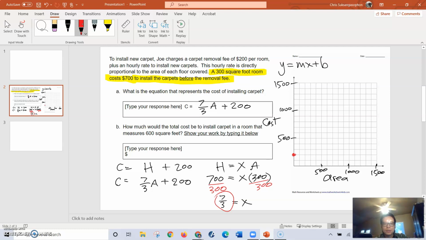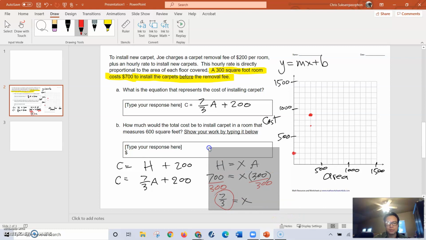And then for a 300 square foot room, that would cost you $700. But remember, we need to pay $200 for the removal fee, so that takes us to $900. Okay. So far, so good. A little challenging, right? As mentioned earlier.